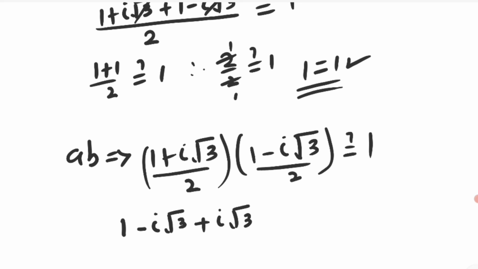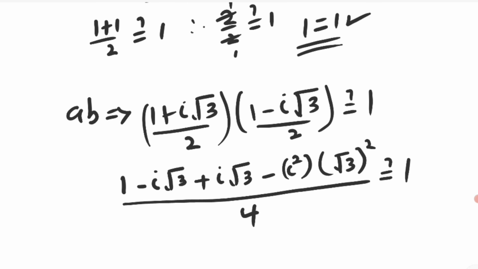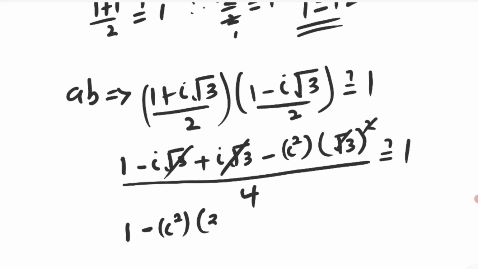I root 3 multiplied by minus I root 3, this is minus I square multiplied by root 3 square, over 2 multiplied by 2, that is 4, must be equal to 1. This cancels this. We have 1 minus I square, then this cancels this, multiplied by 3 over 4 must be equal to 1.